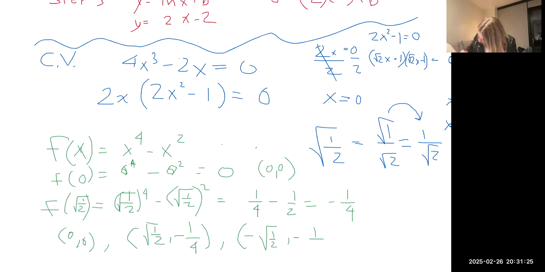So the point plus or minus 1 over square root of 2.